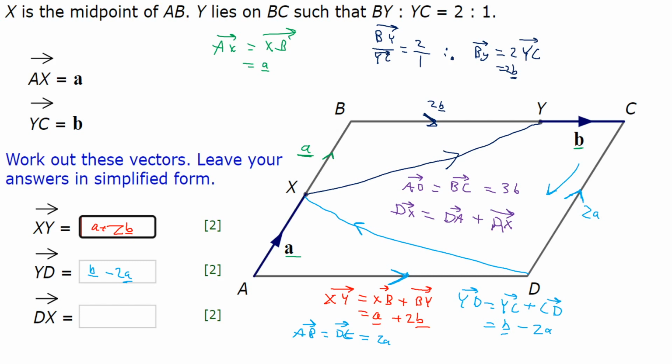And so therefore, this is just minus 3b plus a, and that's our final answer: minus 3b plus a.